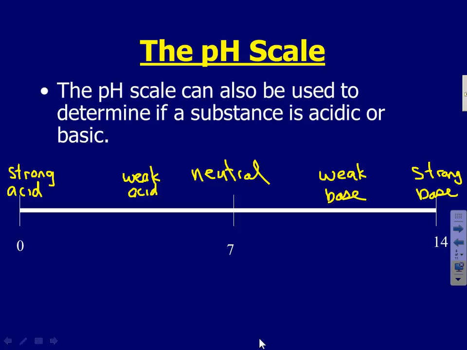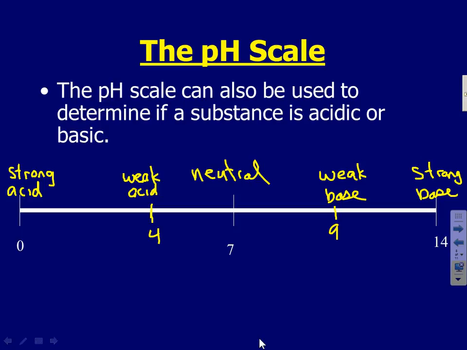Okay? And when I say weak, so we got 0, 1, 2, 3, we're probably at like 4 or 5. So I'm going to say approximately 4 to 5, right? And then in here as well, 14, 13, 12, 11, probably at around 10 or 9, somewhere at around 9, we're talking about a weak base.